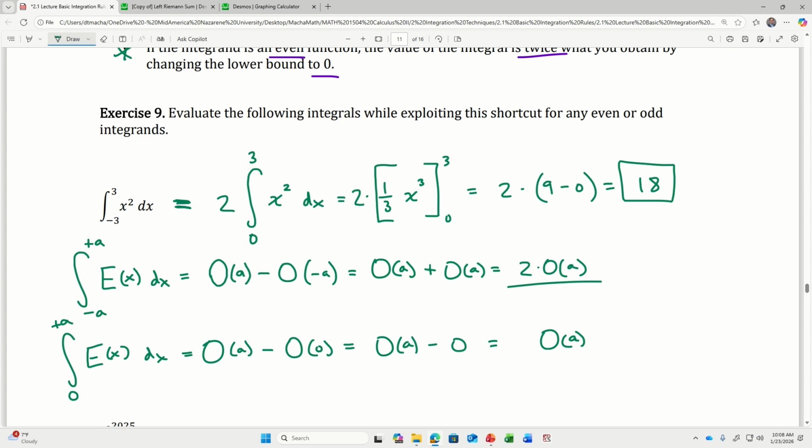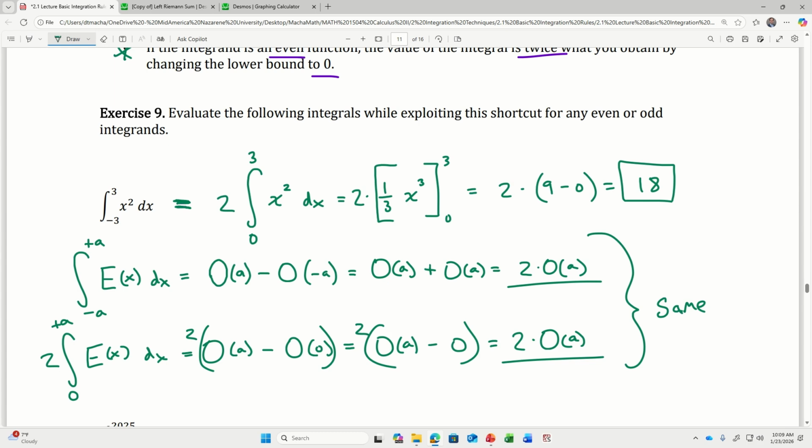Odd functions don't have a constant term. And so whenever I multiply this whole thing by 2, I get the same thing. So this rule is going to work for any even function in the integrand when your bounds are equal and opposite. Does that make sense?